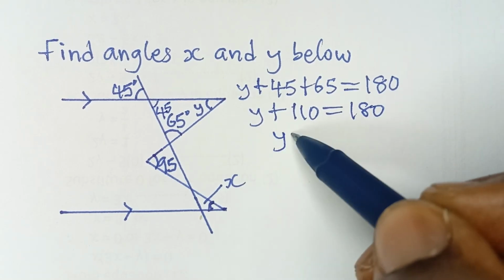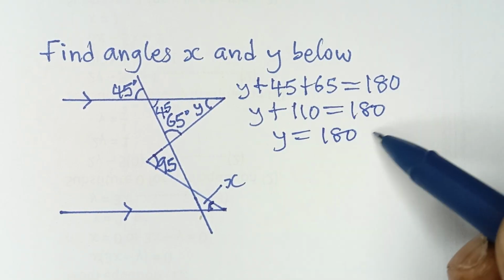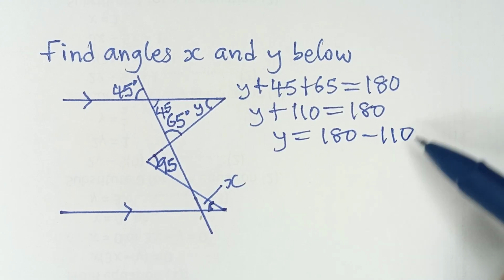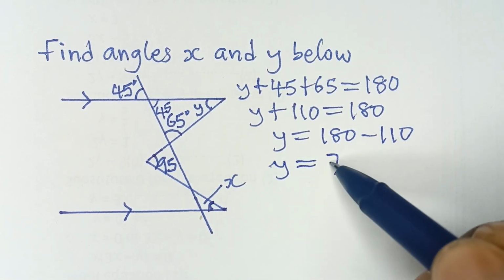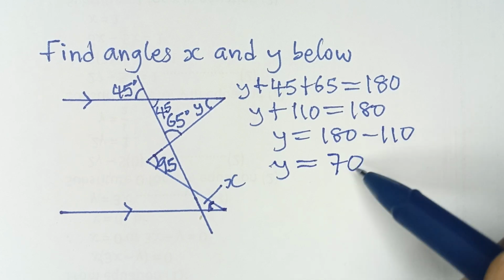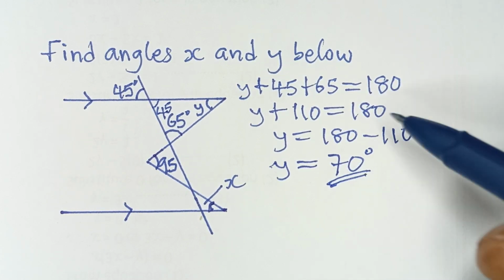So y will be equal to 180, and when this positive 110 goes to that side, it becomes negative 110. So finally, I have the value of y as 70 degrees. 180 minus 110 is 70 degrees. So the value of y is 70 degrees.